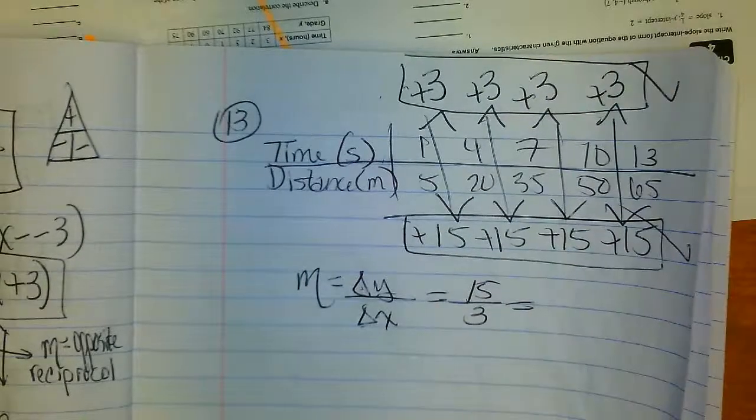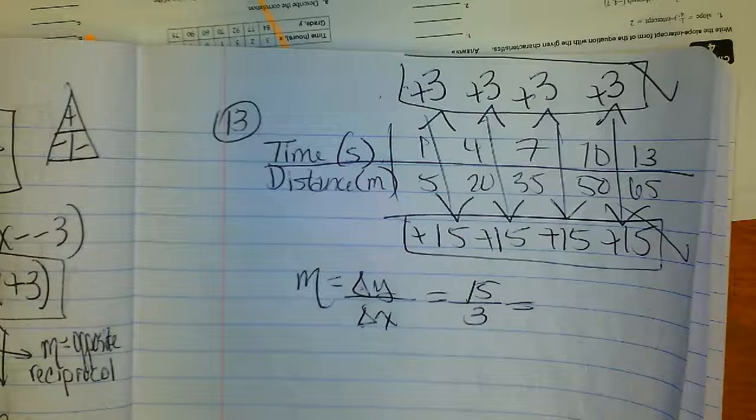So, what was your slope in this equation? All right, very good. So m equals 5.